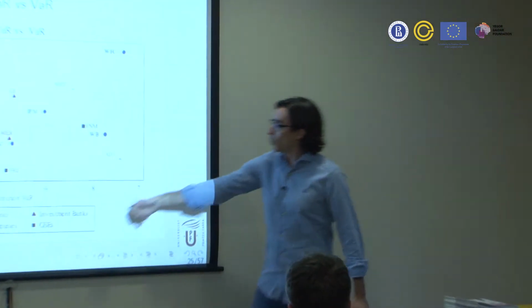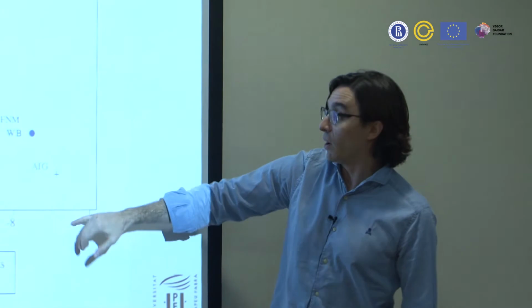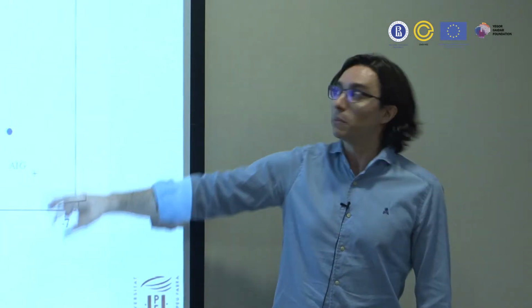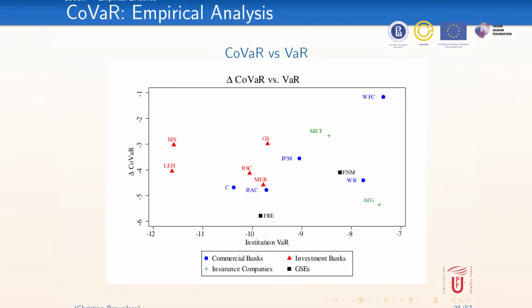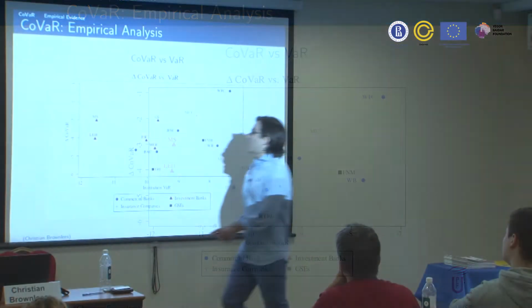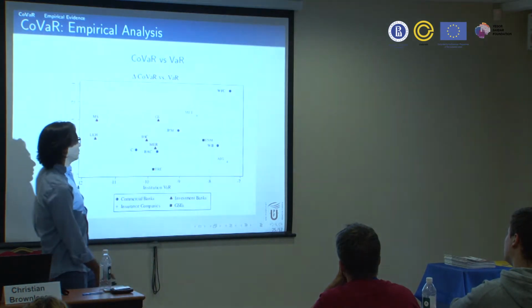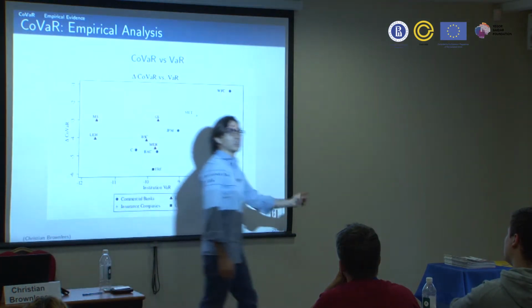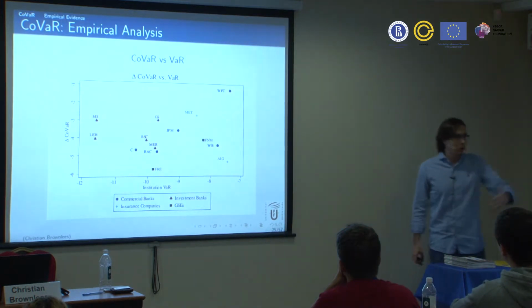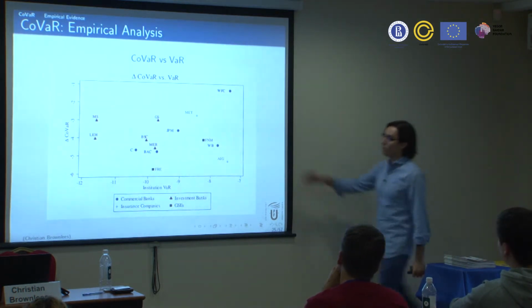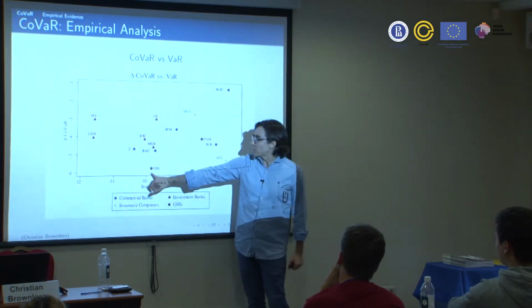If you look at the VaR of AIG, it's not particularly extreme. The scale of this plot is such that the more negative this number, the more risky these firms are. So here we would see that AIG would not be particularly risky on a VaR scale. However, if you looked at AIG on a delta CoVaR scale, you would see that it's the second most systemically risky financial institution. And that actually makes sense. It matches the narrative of the event we saw. Similarly, for instance, we have Freddie.